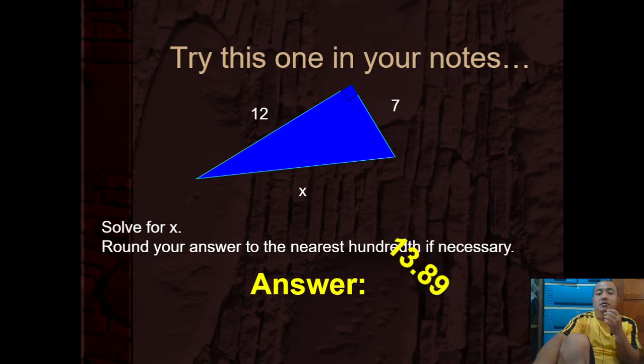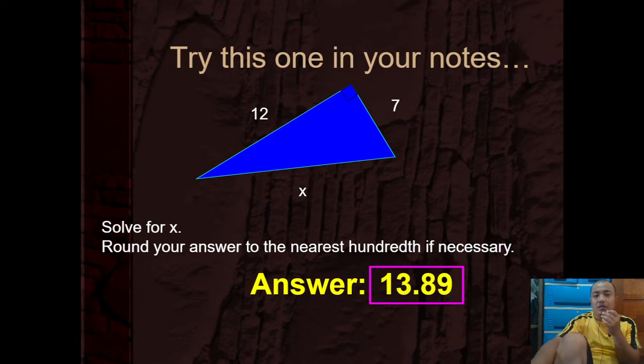So your answer is 13.89, using your scientific calculator and getting the square root. 144 plus 49 is 193. Square root of 193 is 13.89.